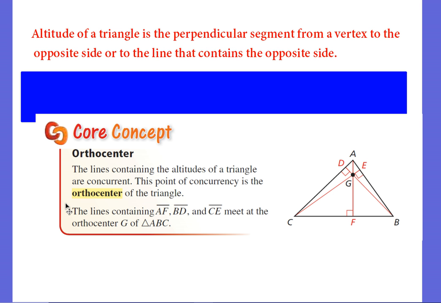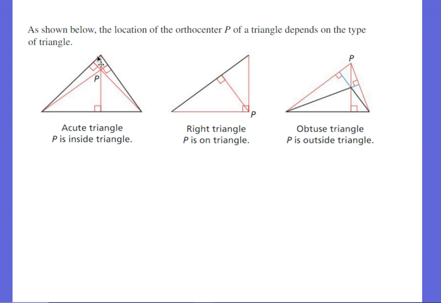The only thing we will be focusing on with the orthocenter is its placement, and specifically its placement on a coordinate plane. So where can we expect it? Pretty similarly to our circumcenter, it can be found inside of an acute triangle, on a right triangle, and outside of an obtuse triangle.